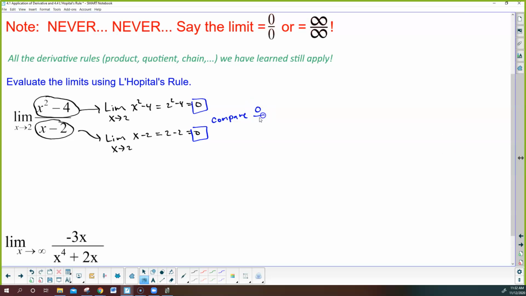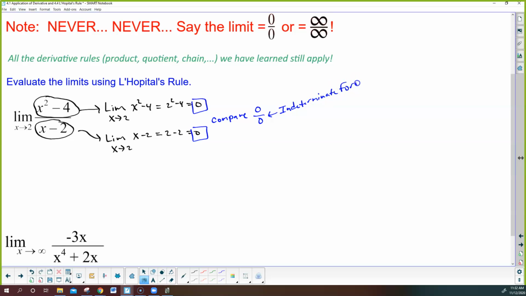Now I'm going to compare. Notice I didn't say that the original limit equals 0 over 0. Never ever say this limit equals 0 over 0. This is our indeterminate form.